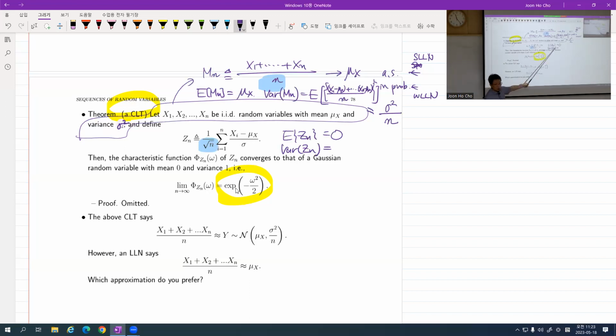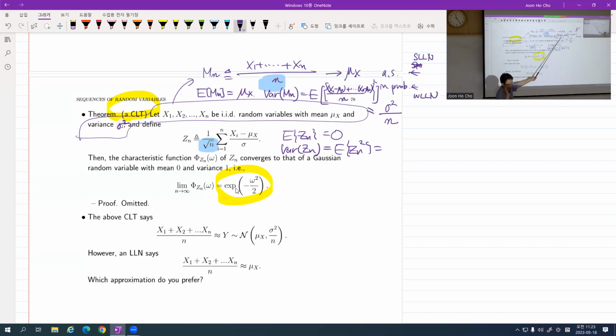Since the mean is 0, you don't need to subtract anything from z sub n. You just square z sub n and take the expectation. There are n squared minus n cross terms, and they all disappear.